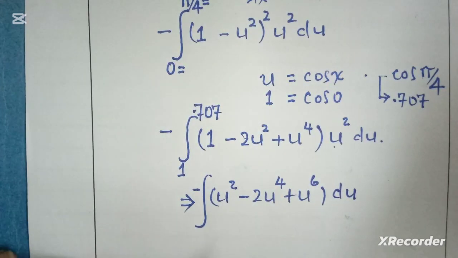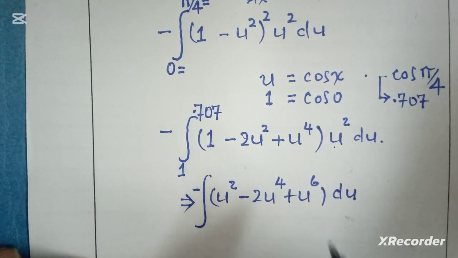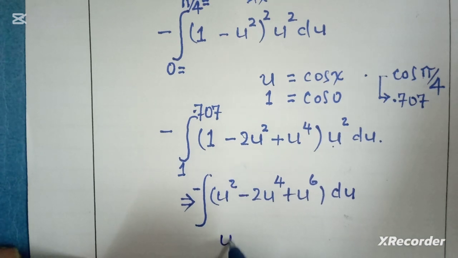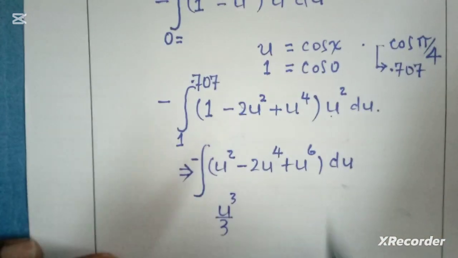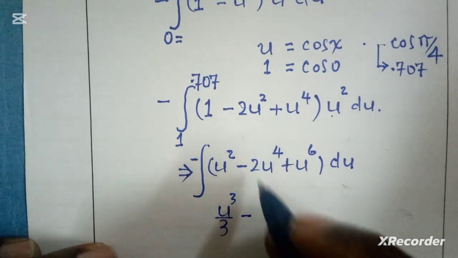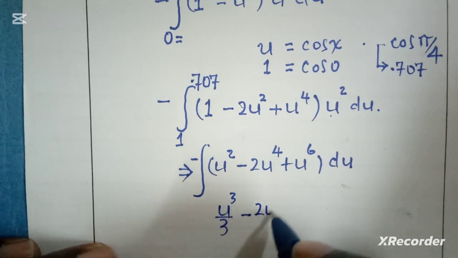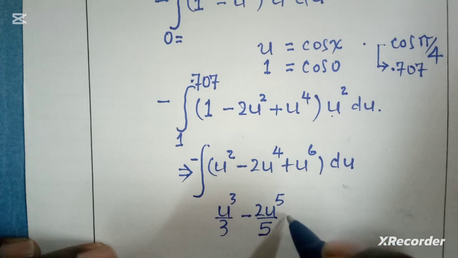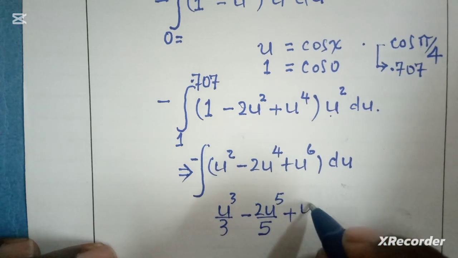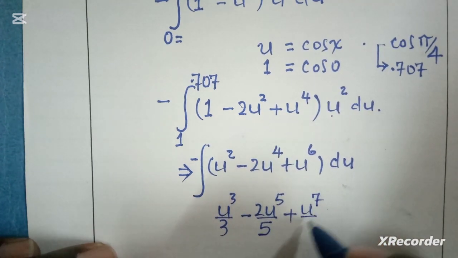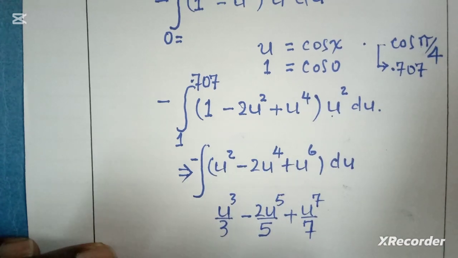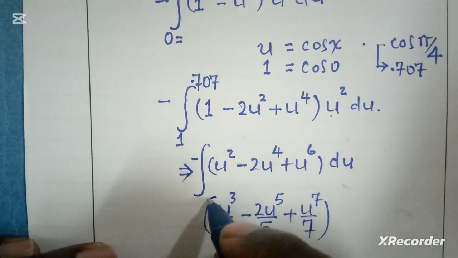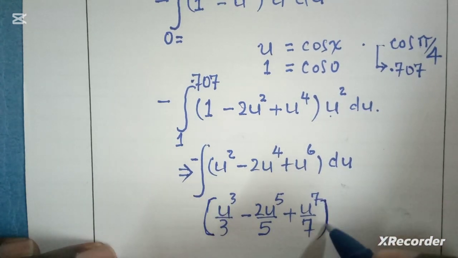From there guys, we now come and do the integration, remembering we have a negative here. So we shall have u cubed all over 3, minus 2u raised to 5 all over 5, plus u raised to 7 all over 7, like that. Now this one is what we want now to solve.